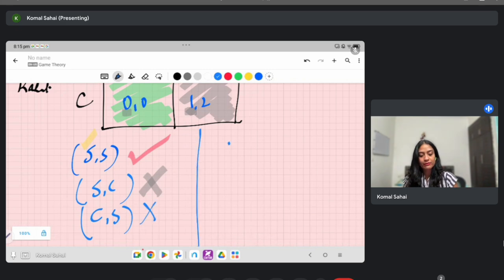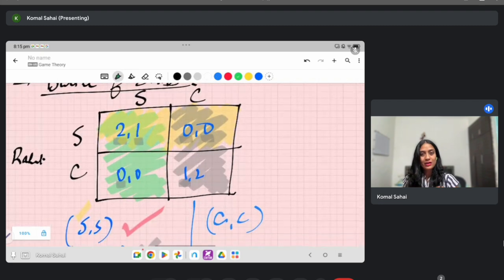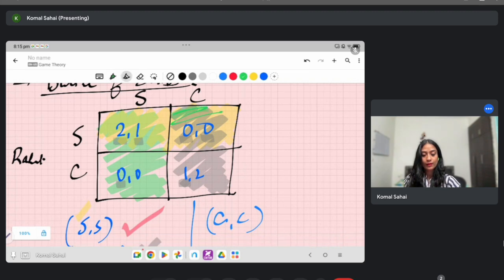And finally, let's check for C, C. Using similar arguments as with S, S, from the perspective of player 1, when player 2 goes for C, then we are here. In this case, if Rahul sticks to C, he is going to get 1, whereas if he goes to stand up instead, he'll get a 0.